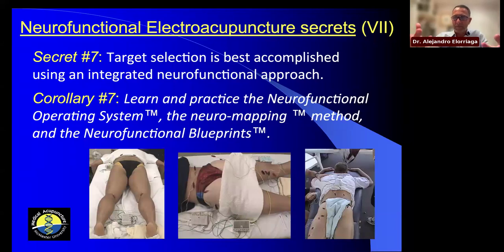So the example that you will all understand is this of the traffic. If I want to fix a traffic jam downtown Toronto on the Gardiner, I will not go there. I will not try to remove the cars from there because they have nowhere to go.